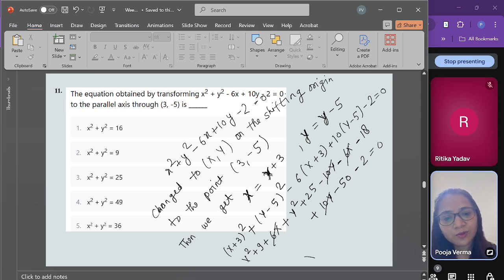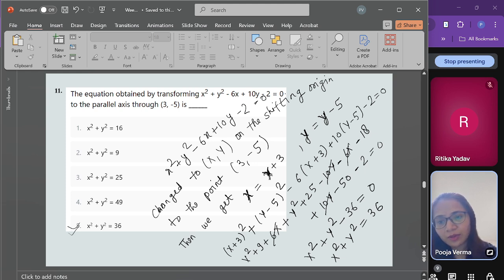So here you will get x square plus y square, plus 9 plus 25 minus 18 minus 50 minus 2. If you add all those things, you get minus 36 is equal to 0. So finally, rewriting it, x square plus y square is equal to 36. So this is the equation with respect to the parallel axis through (3, minus 5). The correct answer is option 5, x square plus y square is equal to 36.